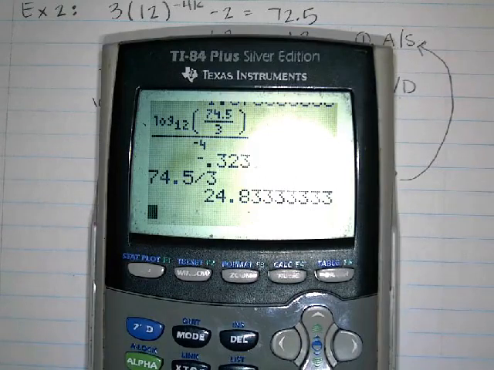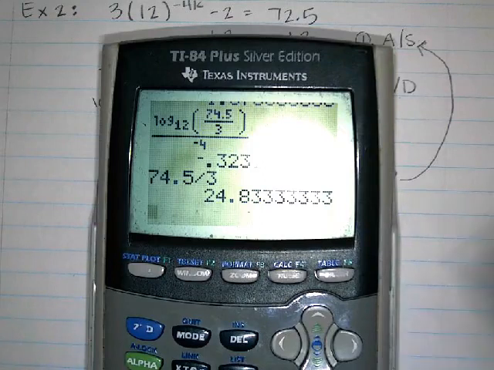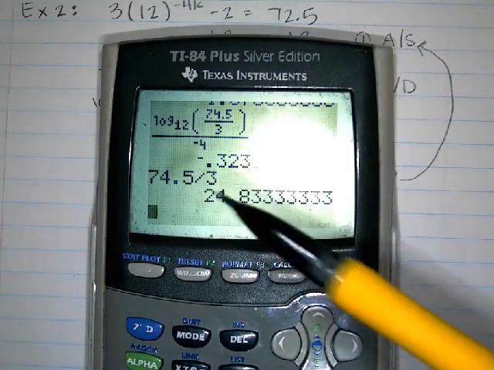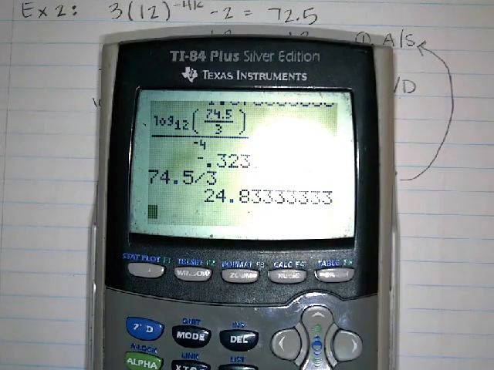You just have to keep that decimal in your calculator and keep using that decimal as you go, and not use a rounded decimal on your paper in the middle of the problem. Okay? Because in math, the further advanced math we go, the more they expect you to have perfect answers. So we don't round in the middle of a problem, we round at the end of the problem. Does that make sense? Okay.